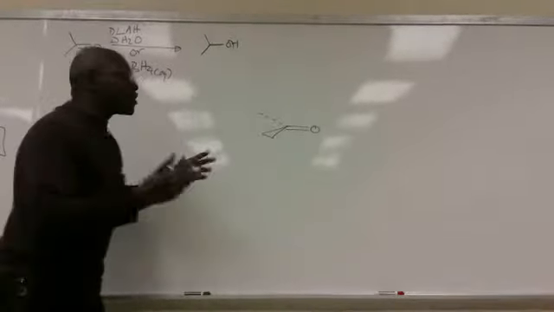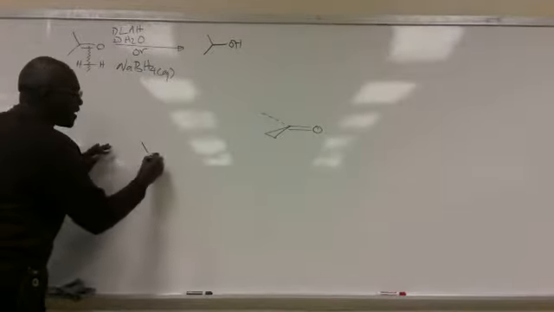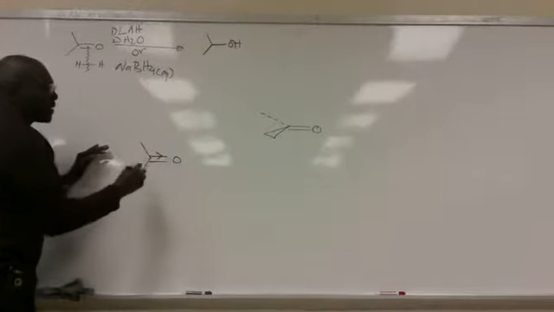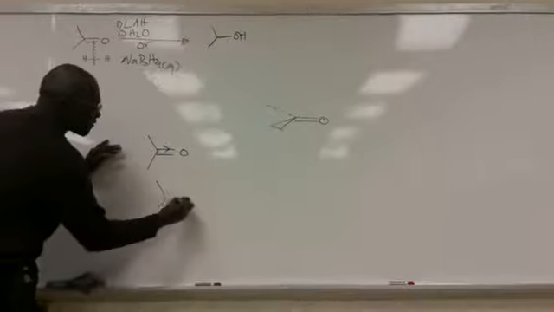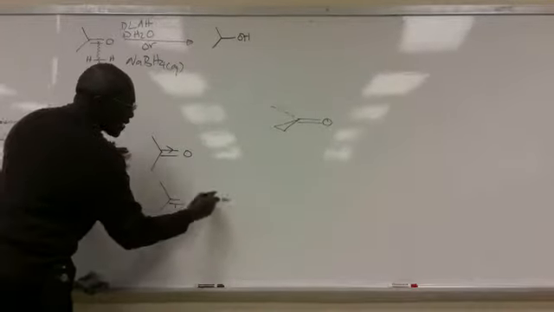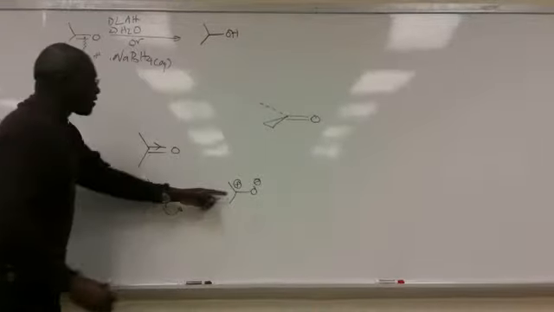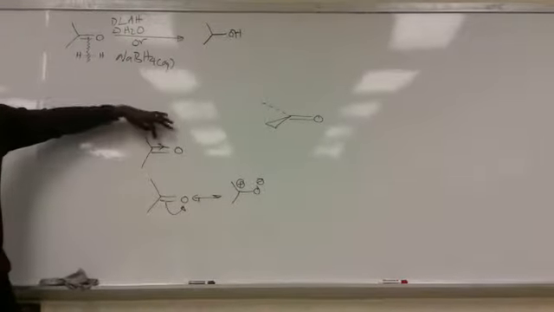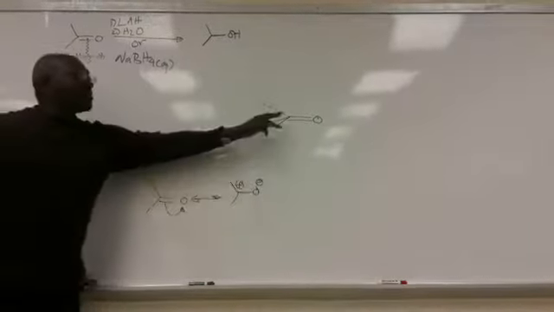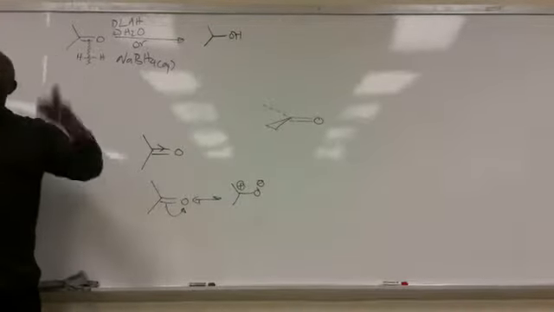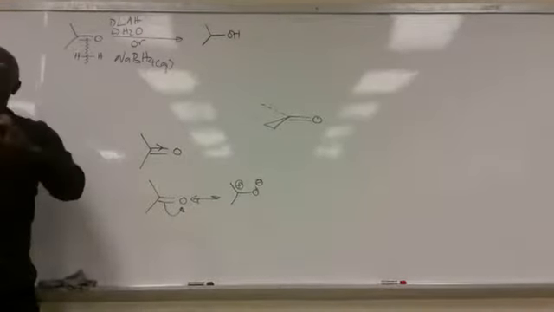That's a combination of not just the inductive effect of the O, but also of the resonance effect in the carbonyl. So I can draw a resonance form with a plus charge on that carbon. So the combination of induction and resonance makes the carbonyl carbon very, very delta positive. So that makes it a really good electrophile.